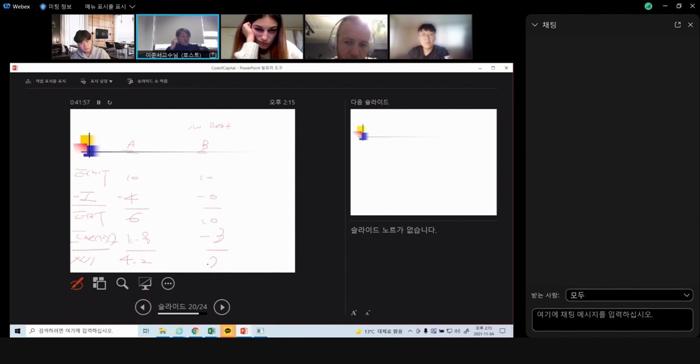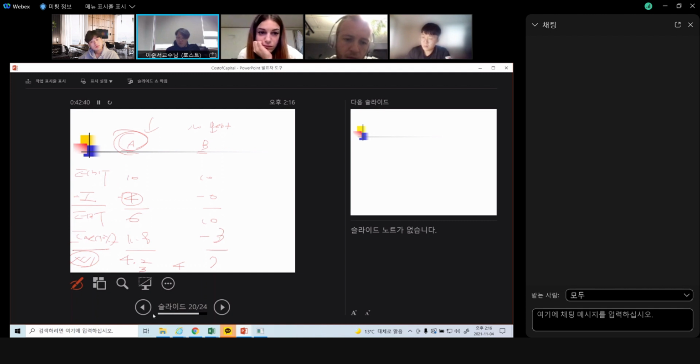It's easy, huh? So if we compare firm A and firm B, even if firm A pays interest of 4, the difference between A's and B's net income is not 4.